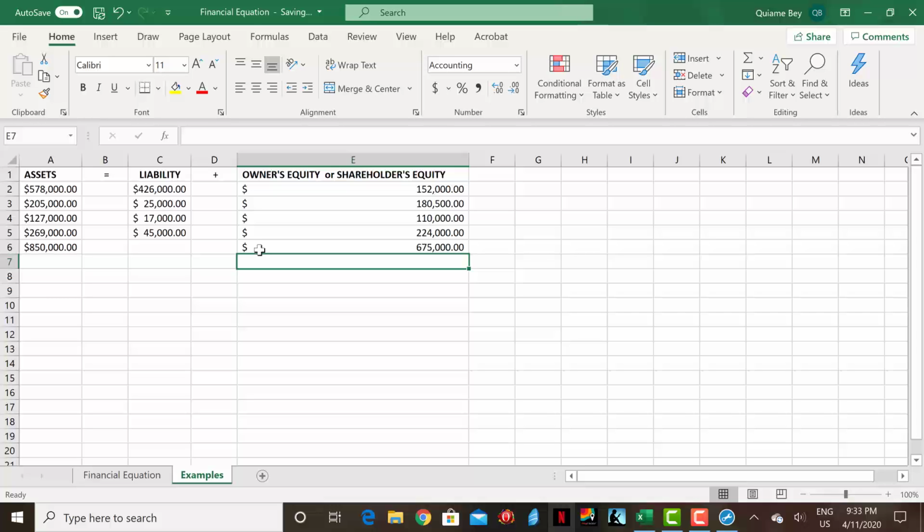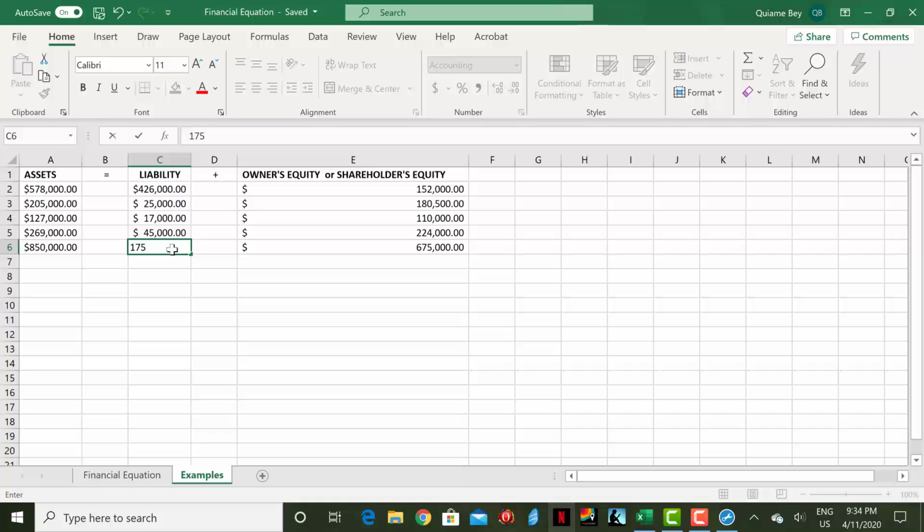How will she figure out the current liability and how much is it? So the CFO will simply subtract the total stockholders' equity from the total assets. $850,000 minus $675,000 equals $175,000. So she reported a total of $175,000 in total liability to the CEO.